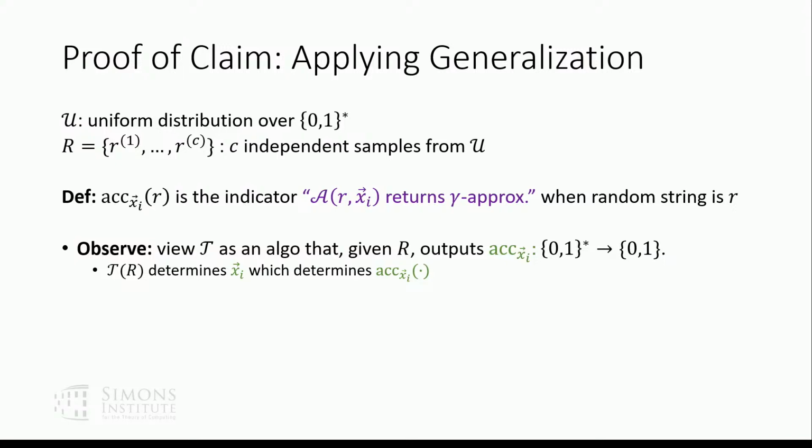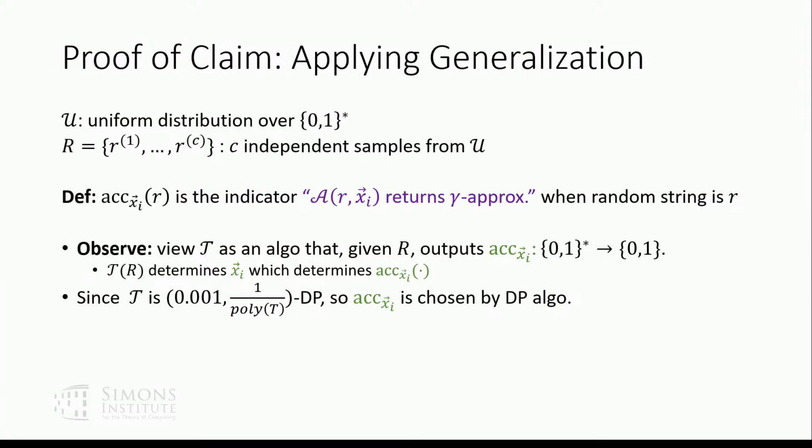When you fix this collection of random strings R, the transcript will determine the input so far, like the update sequence up to time i, which determines whether this function that depends on xi, the update sequence up to xi.